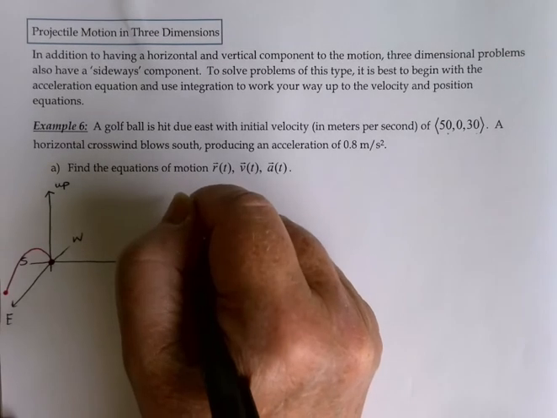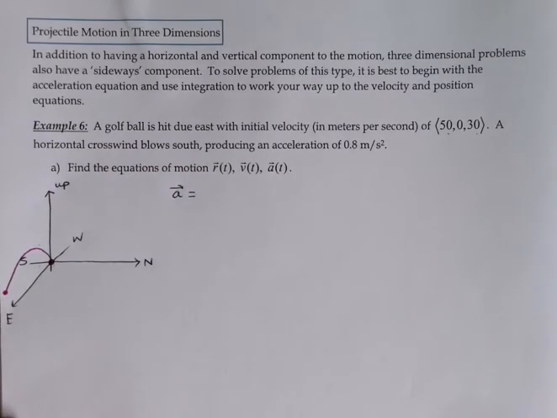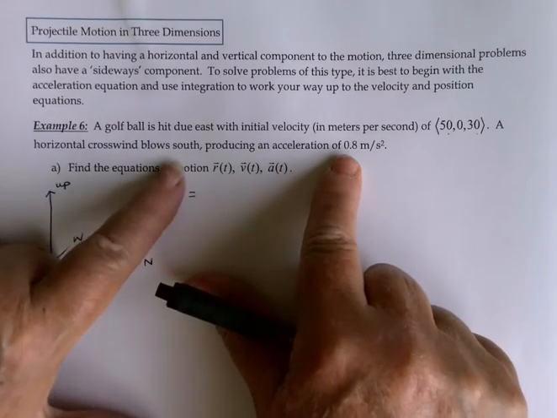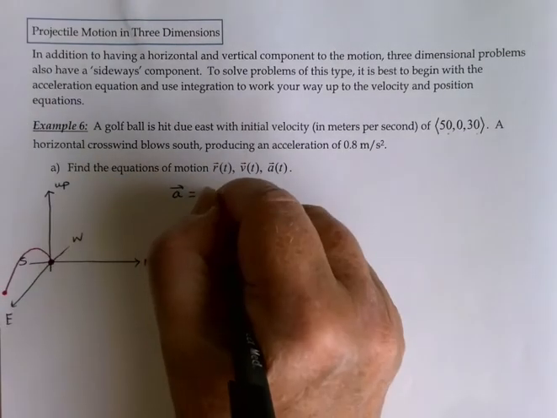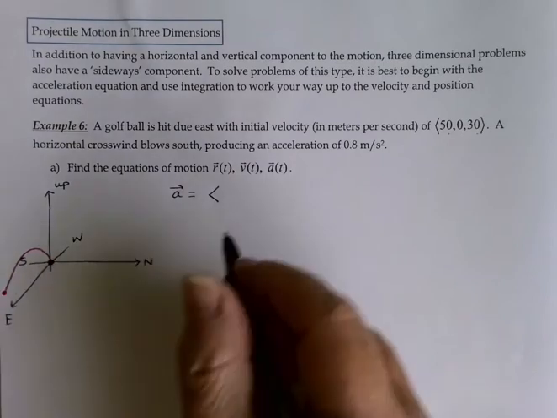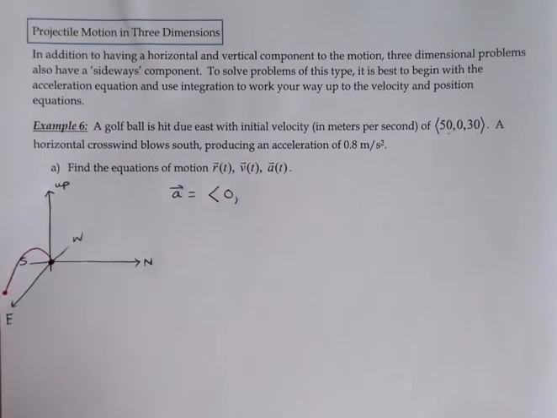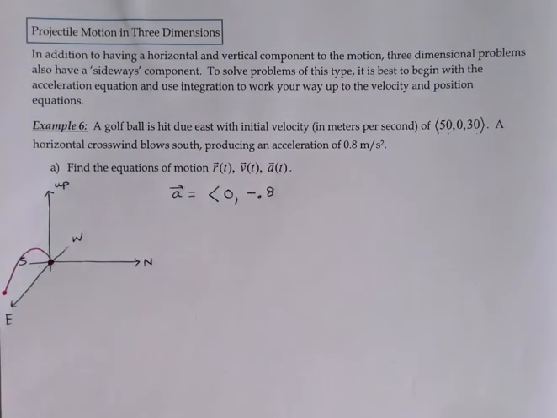Let's begin with the acceleration vector. We were told that the acceleration is due south at 0.8 meters per second squared. So that would be 0 in the x direction. It's going to go along the negative y-axis, so negative 0.8 on the y-axis. And then we have our usual gravity in the z direction.